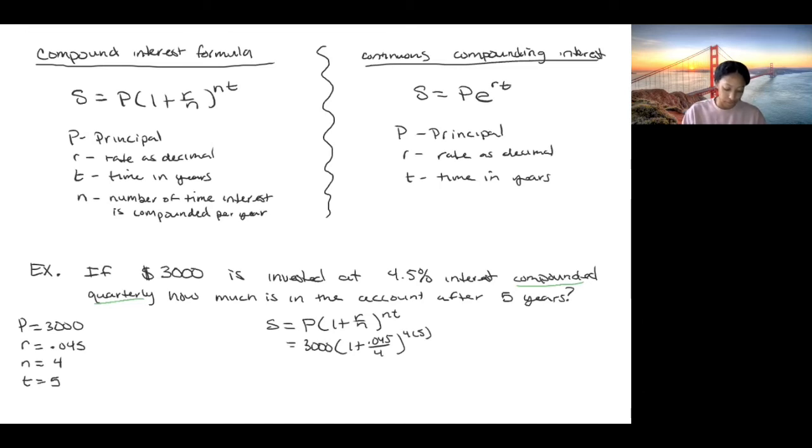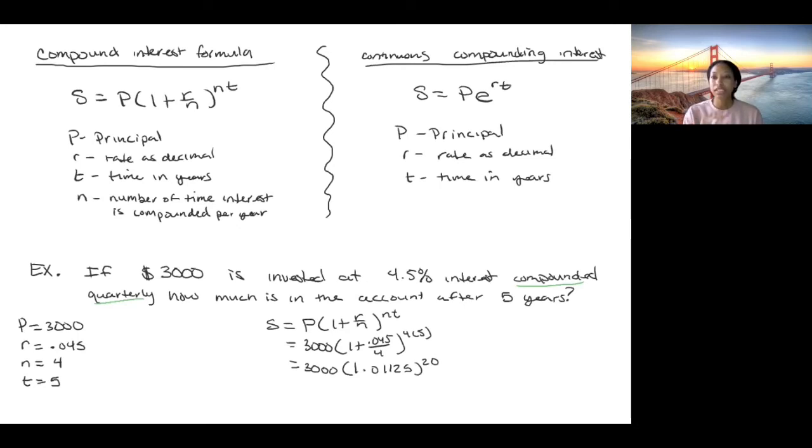And then, of course, you need a calculator to do this. Some people like to simplify the base, 1 plus 0.045 over 4. If you want to, you can do that if you get a terminating decimal. In this case, this would simplify to 3,000 times 1.01125 to the 20th power.